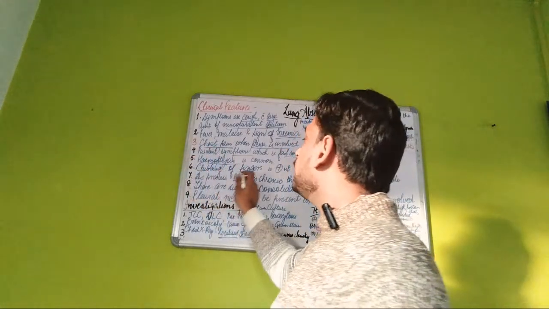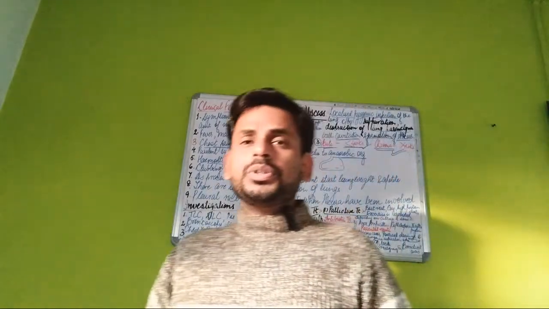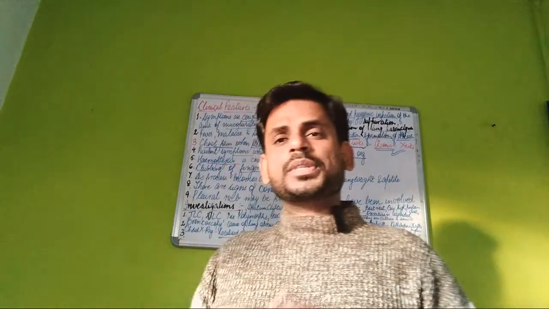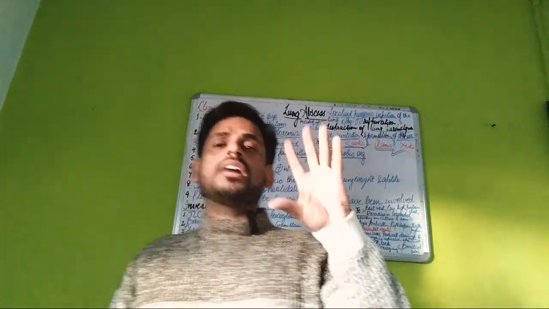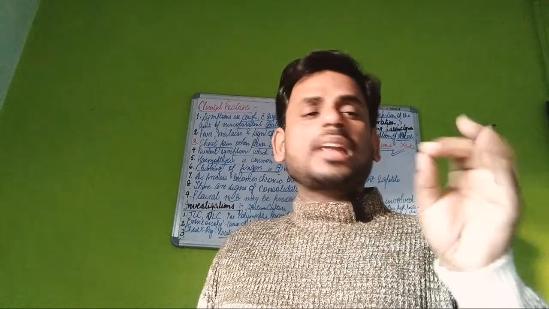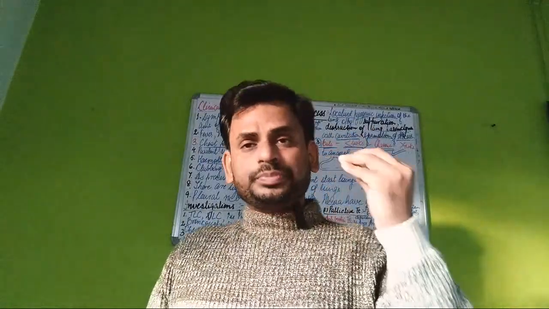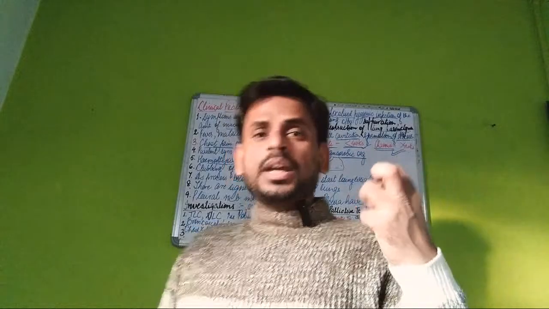And when we move on, clubbing of fingers is present. You must have seen that clubbing is always associated with the bulbous enlargement of the terminal phalanges. In clubbing, the connective tissue underlying the nail bed, the skin of the nail bed, is going to swell up and enlarge.